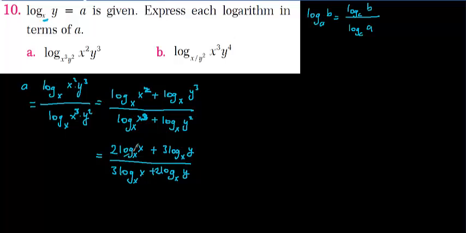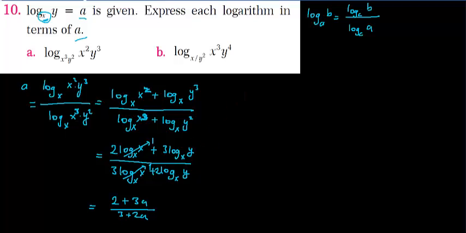Logarithm base x of x is equal to 1 here, and logarithm base x of y is equal to a. Then it's going to be equal to 2 plus 3a over 3 plus 2a.